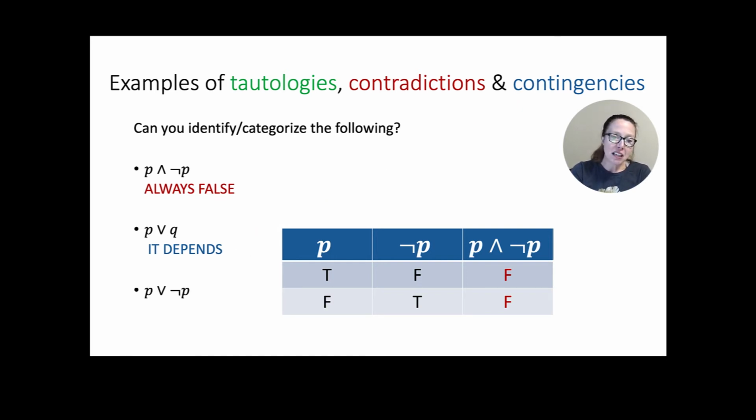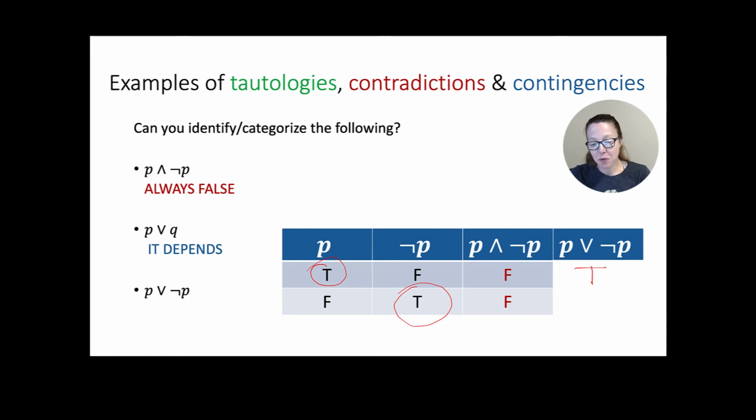Then let's look at P or not P. And if we carry on with our truth table, we know that P or not P is true if either P is true or not P is true. And so going down the rows, we see here P is true on the first row, so P or not P is true.